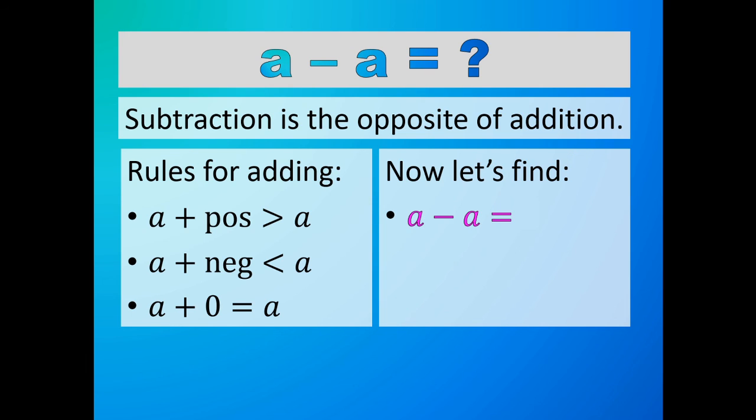We end up with a number less than A. We do not end up with A. We can only use the third bullet because we end up with A. So here is the sum of A, and here is one of the numbers being added that is A. Now we need to have both of these to find A minus A, because the first A and A minus A is the sum of A, and the second A and A minus A is an A being added to something else. Now the other number being added is 0, so A minus A is equal to 0.